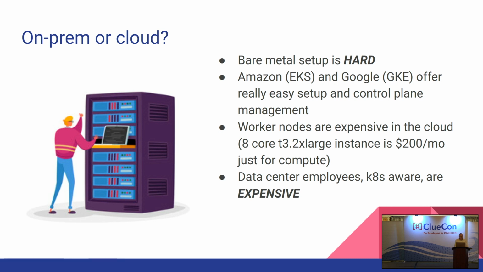So you don't get much for an EC2 instance. An 8-core 2xlarge is $200 a month, and in order to have a reasonable cluster, you're probably looking at 10 nodes. So it's really quite expensive. On the other hand, if we went back to data center employees that are Kubernetes aware, they're extremely expensive. So I think that's really what did it for us. We're going to stick with the cloud.